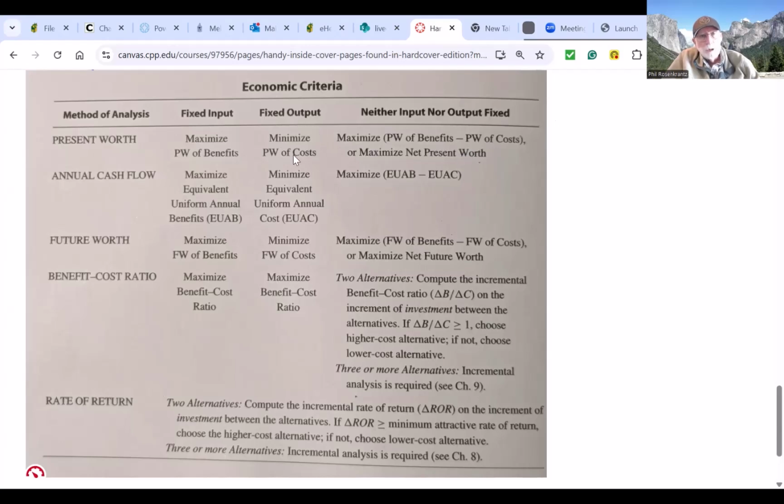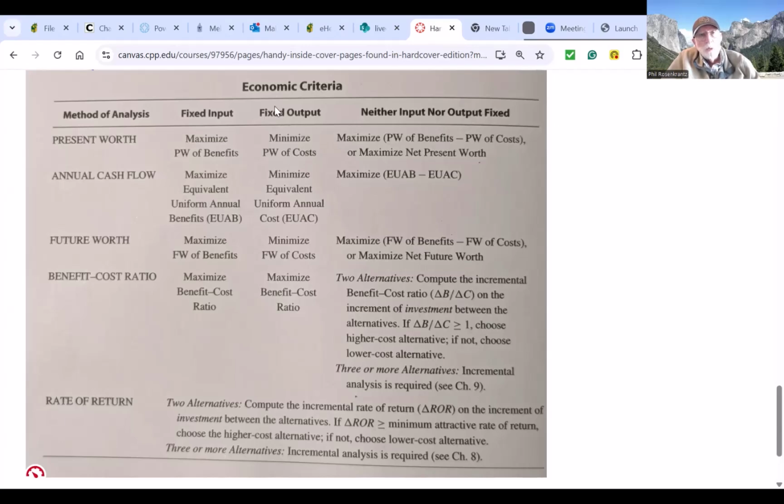If it's fixed output, like you want to buy 50 tons of air conditioning, that's a fixed output. You don't want 51 tons of air conditioning, you want 50 or less. No, you don't even want less, you want 50. Okay, so you want to get that for the cheapest you can. That's minimize the present worth of cost.